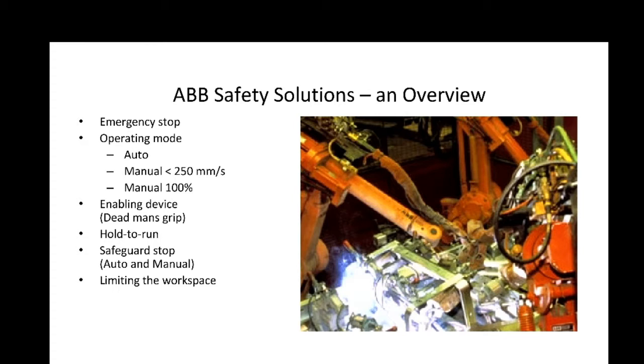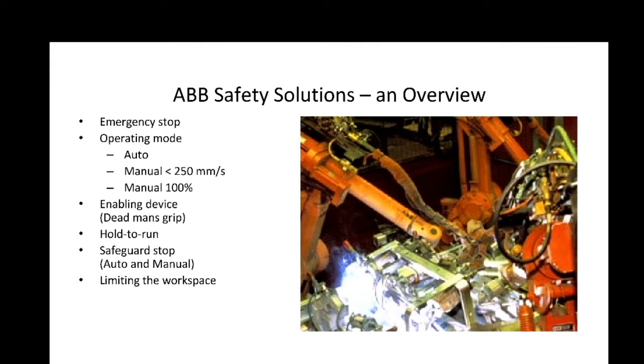The enabling switch is used if we are doing some activity with the robot in a non-safety area. At that time we enable the switch on the pendant, and only then will the robot work. If we release the switch, the robot cannot work.